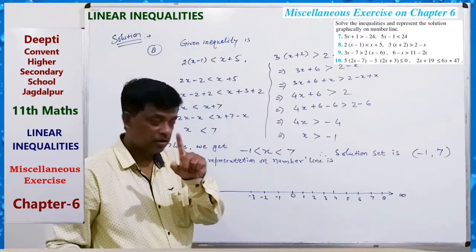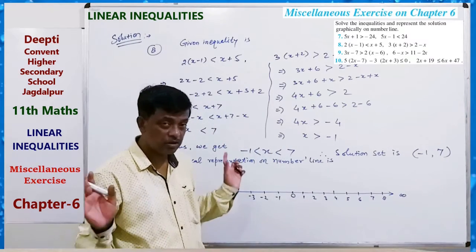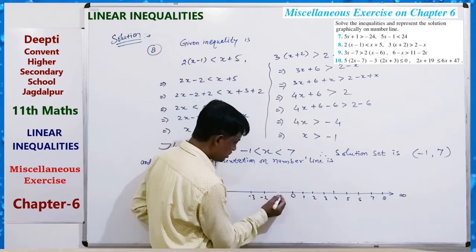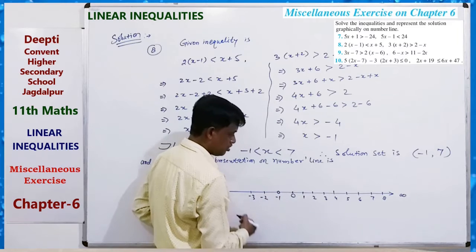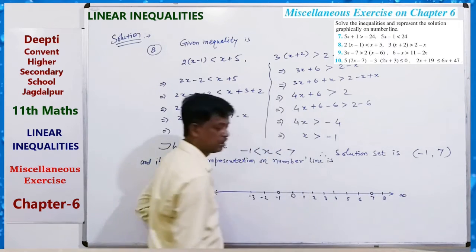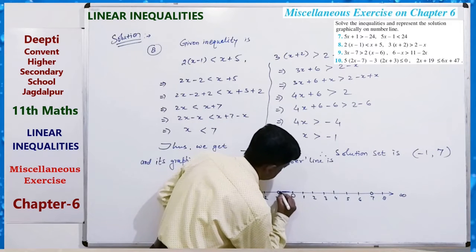Here it is strictly less than, that is, minus 1 is not included, 7 is also not included. So just draw hollow circles and this part is included. Just bold it.